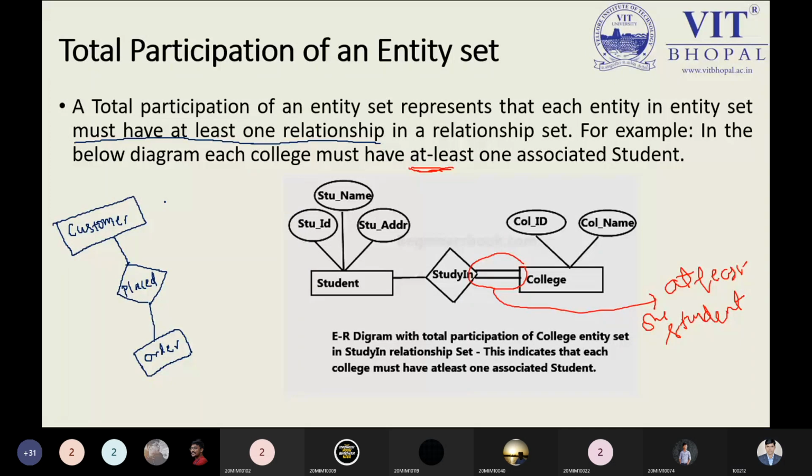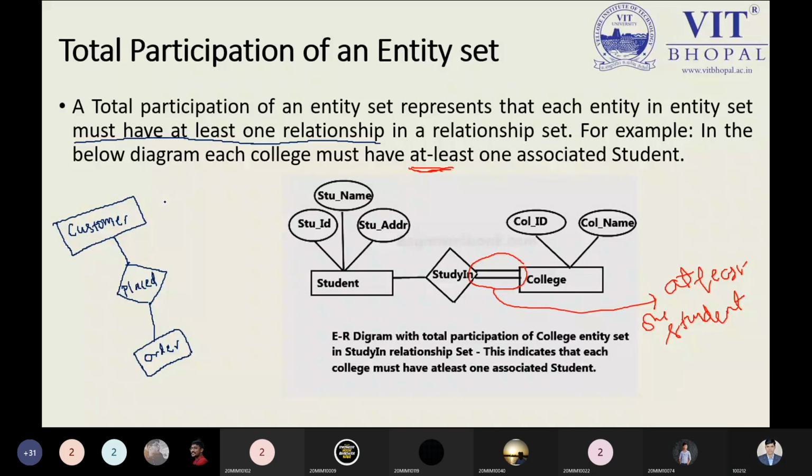So if you're visiting a particular restaurant, at least one order, better idea, you try to make at least one order. When you try to place at least one order, this is known as total participation.